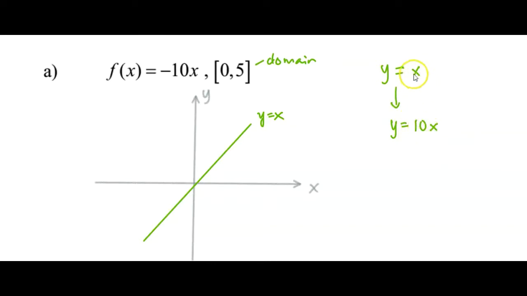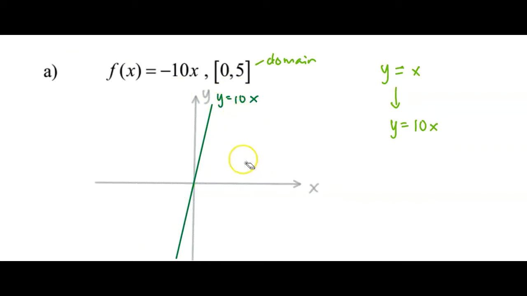The 10 is much higher than 1, meaning that y equals 10x is a graph which is very steep compared to y equals x. Now I will try to sketch a line which is much steeper than y equals x. I represent this line with y equals 10x. After that, we erase this off. Then now we proceed to negative 10x.